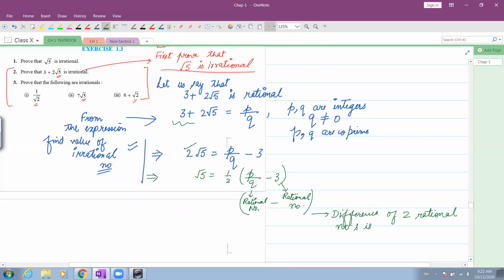Difference of two rational numbers is a rational number. So आपके पास बन गया a rational number. ये ब्रैकेट का आंसर भी क्या आना है? A rational number. What can you say about the product of two rational numbers?